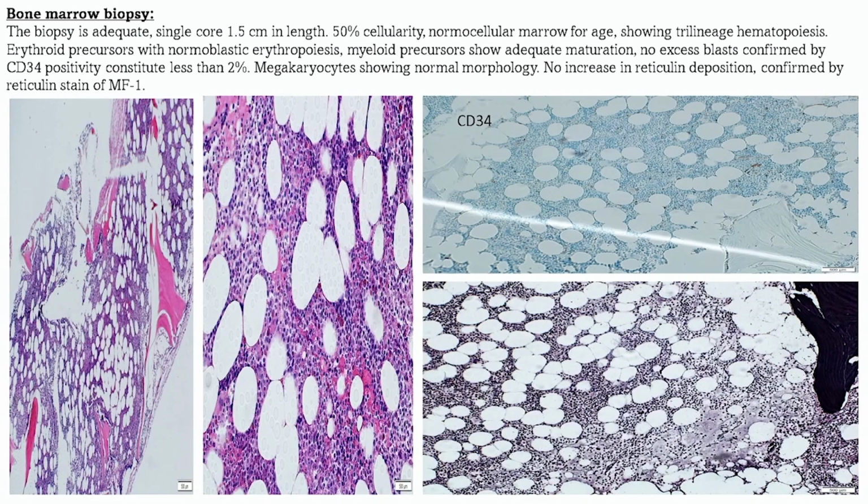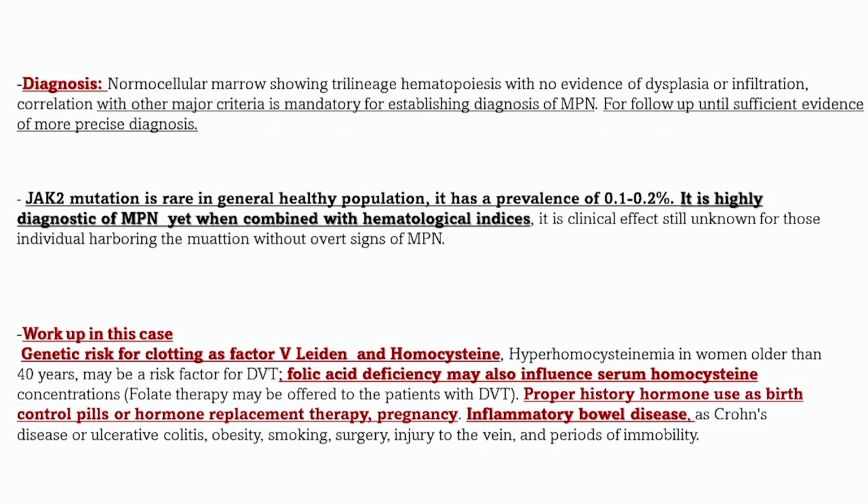The age-adjusted cellularity is very good and nothing changed. For this case, the patient has a normal cellular marrow showing tri-lineage hematopoiesis with no evidence of dysplasia or infiltration. Correlation with other major criteria is mandatory for establishing a diagnosis of MPN. For follow-up until sufficient evidence of a more precise diagnosis.